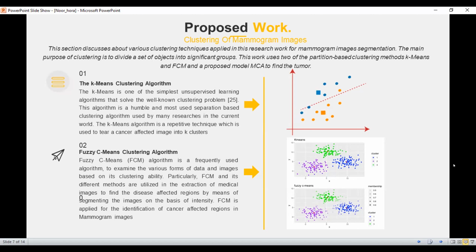The Fuzzy C-means clustering algorithm is a frequently used algorithm to examine the variance from the data and image based on the clustering ability. FCM and its different methods are utilized in the extraction of medical images. They find the disease-affected region by means of segmenting the image on the basis of intensity. FCM is applied for the identification of cancer-affected regions in mammogram images.